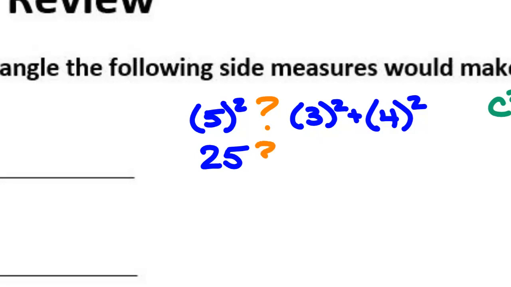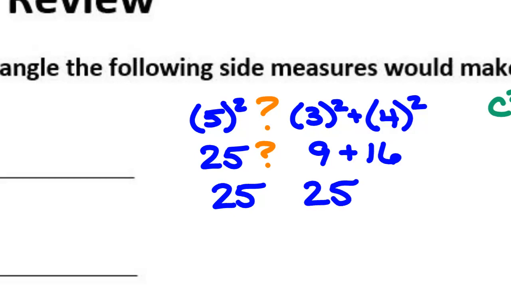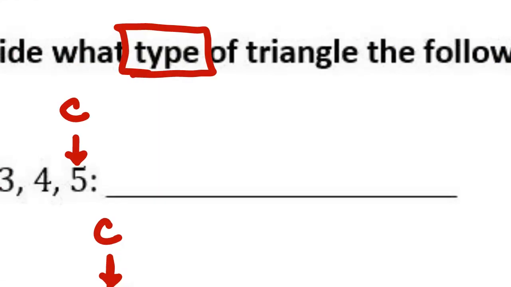What about 3 squared? 9. 4 squared? 16. We have to add the 9 and the 16 together. What is 9 plus 16? 25. So the 2 sides of my equation are equal, so it's a right triangle.